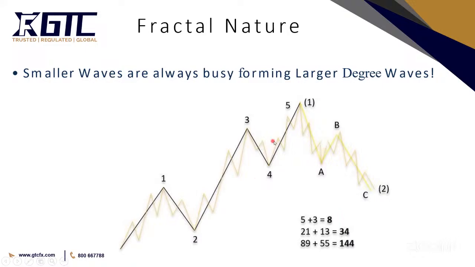Now, this chart has got 4 different views, and it depends upon how you look at it. At least 3 different views you can immediately identify. Let's look at them one by one.